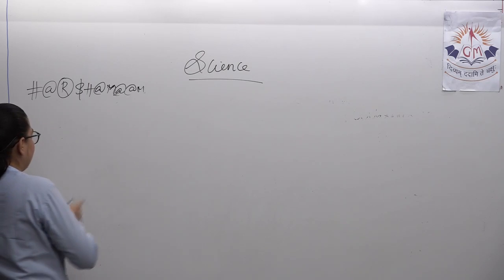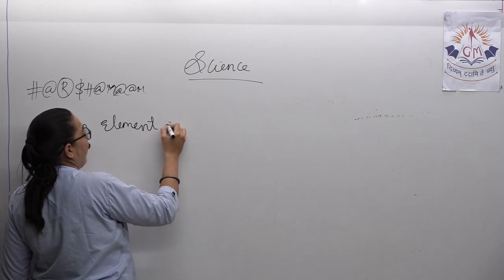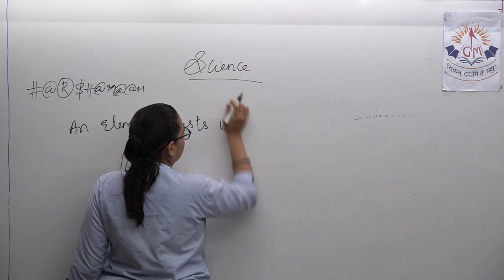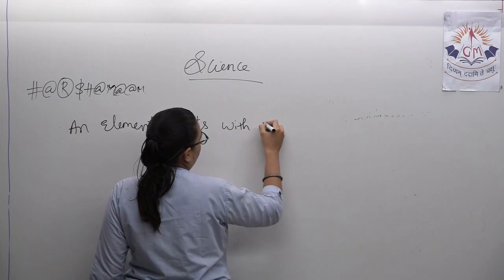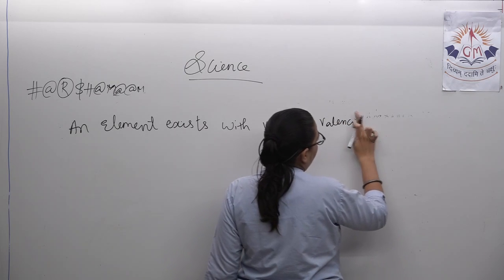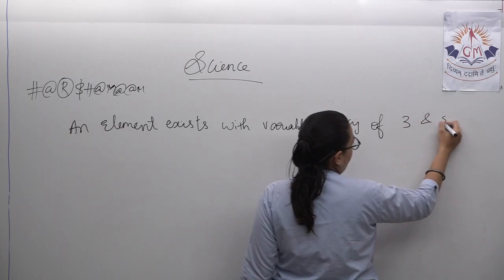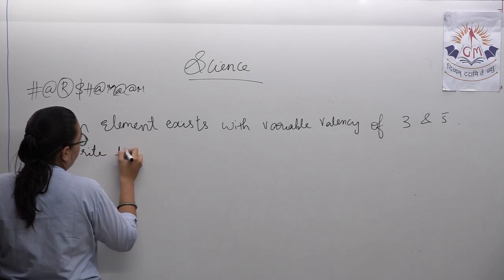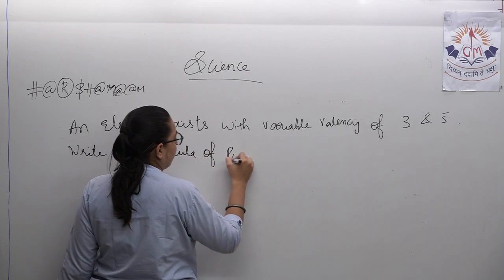There is one element that exists with variable valencies, a variable valency of 3 and 5. Write the formula of possible oxides.